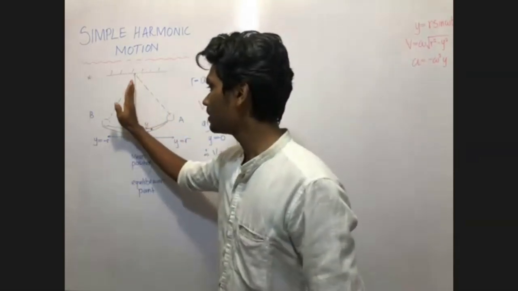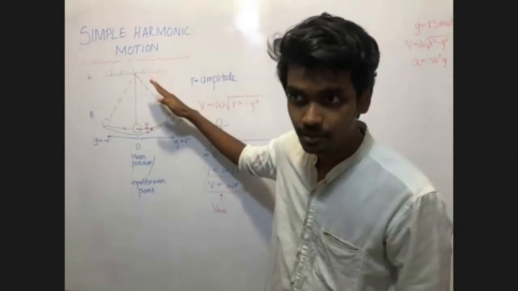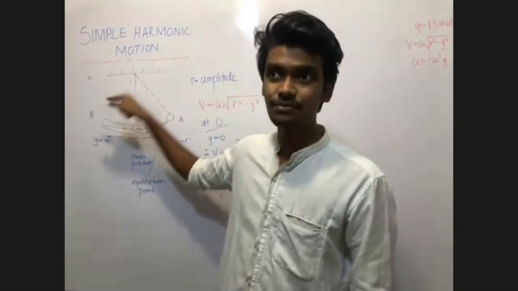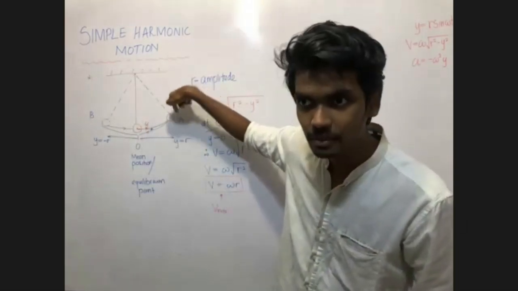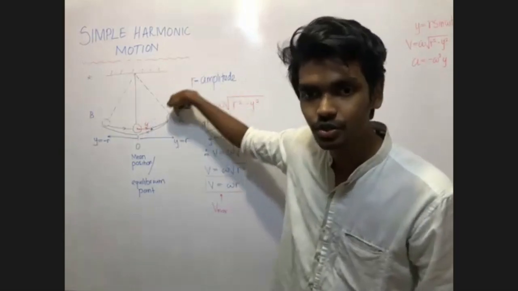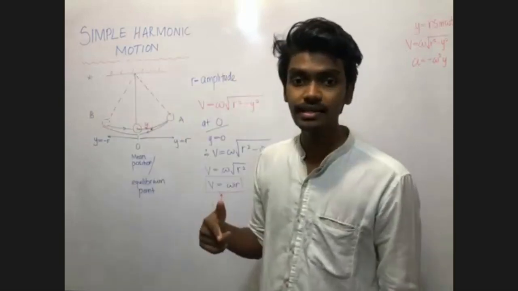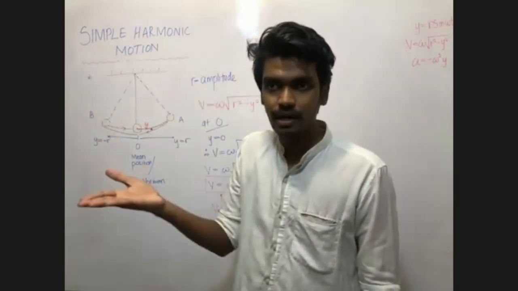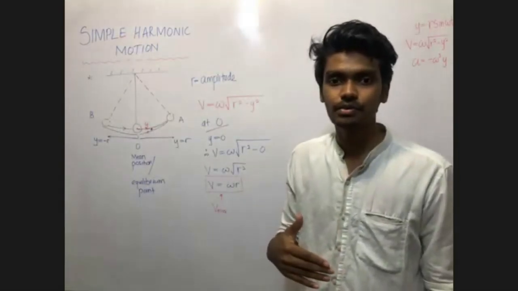The pendulum will move to the maximum amplitude, it will stop, and then it will return back. If it stops at the amplitude, the velocity is going to be 0, right? If it is to turn to the other side, the particle should stop, and only then it should turn back.